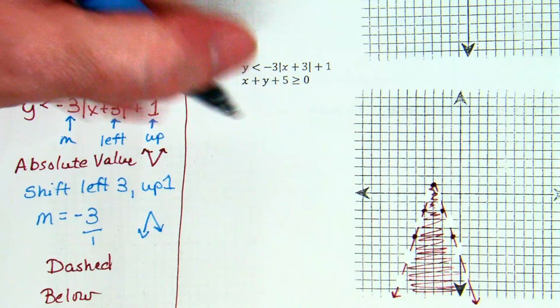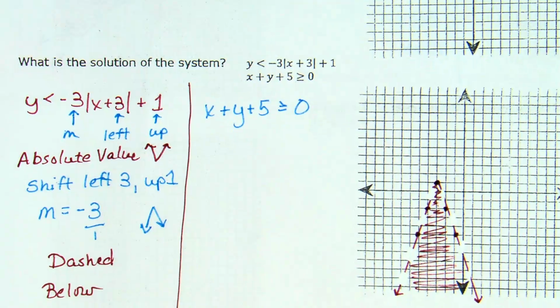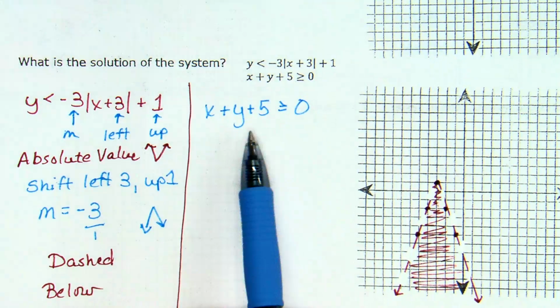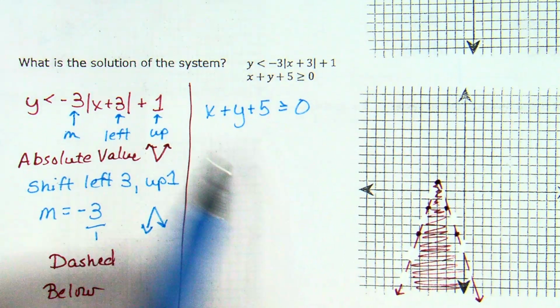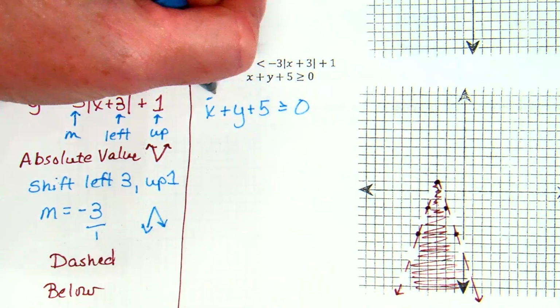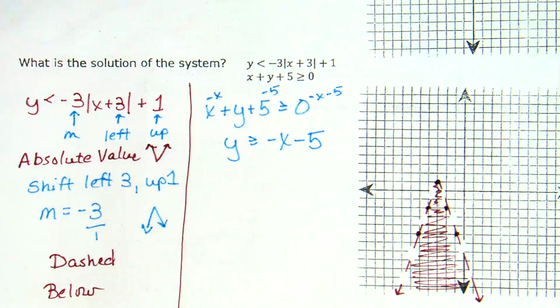Okay, last part. x plus y plus 5 greater than or equal to 0. Is this one going to be a V? No, because no absolute value. So, what form should I go for? y equals mx plus b. So, subtract x, subtract 5. y greater than or equal to negative x minus 5.